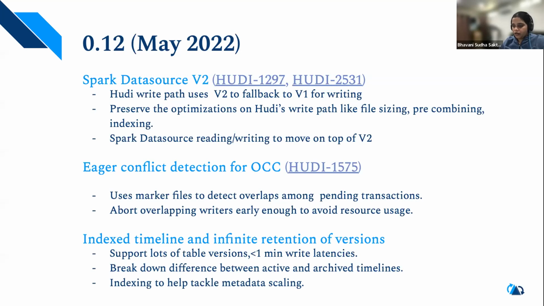In point 12, we are looking to index the timeline as well to serve this metadata in a scalable way. So we don't have to worry about aggressively cleaning and archiving. Instead, we can have infinite versions of the table while still supporting faster write latencies.